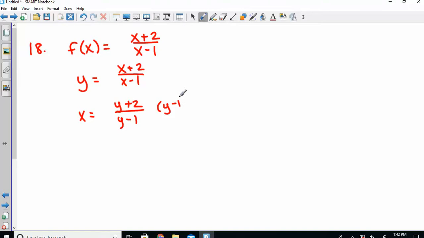So now we try to solve for y, so we usually just multiply to get rid of the fraction. So I get xy minus x equals y plus 2. I'm trying to solve for y, and I have 2 of them, so what should we do?